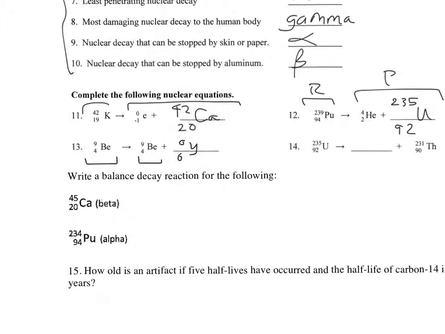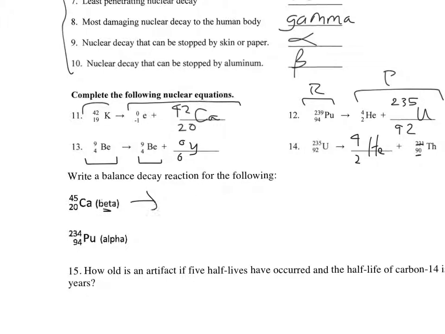And then in number 14, I've started with uranium 92, and I end up with thorium 90. Both my mass, which is this number here, and my atomic number have changed. So I know that it's changed by 4 on the top and 2 on the bottom, and that is the alpha decay.